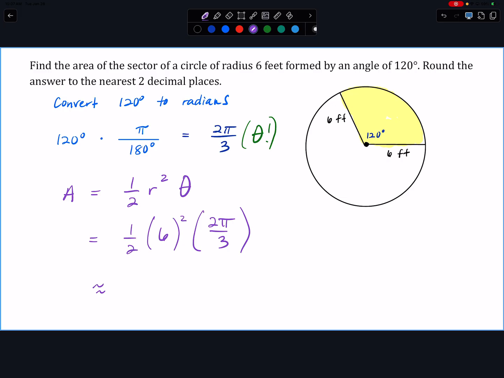Can you check for me what you get? So to 2 places, it's pretty close to 37.7, right? Feet. Now, because it's area, do I leave it as feet? Feet squared. Good.